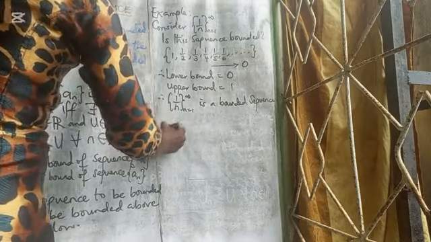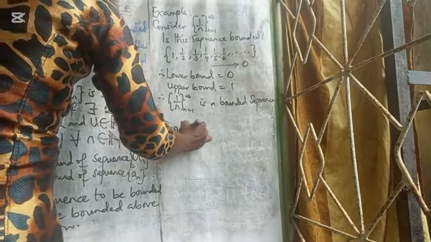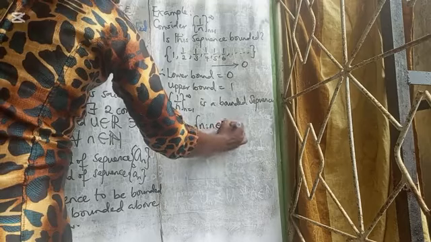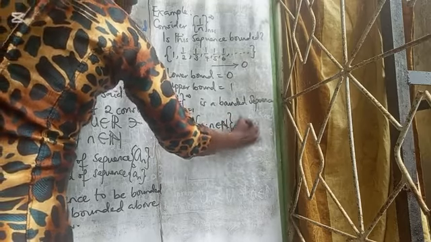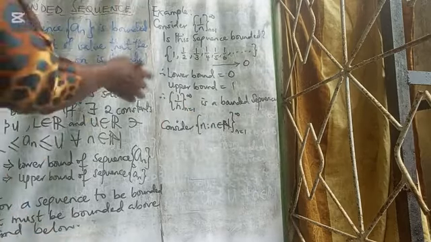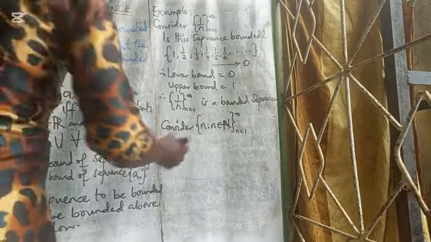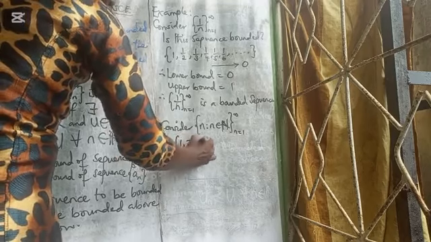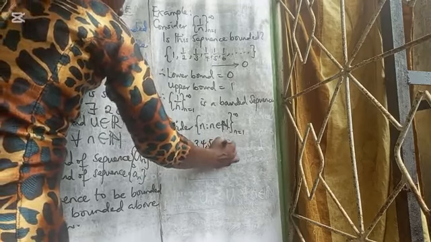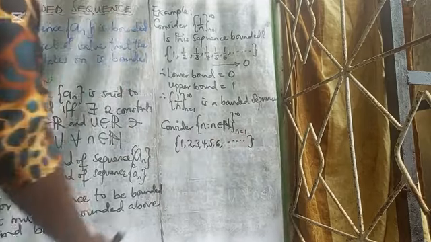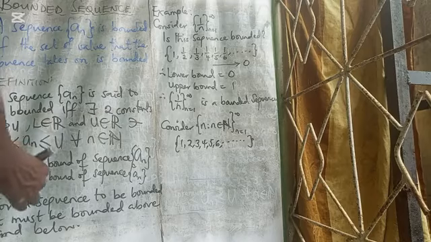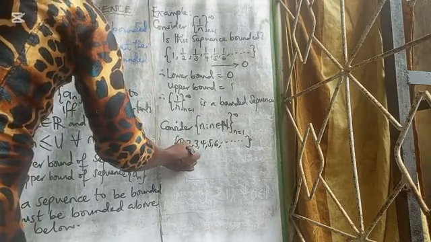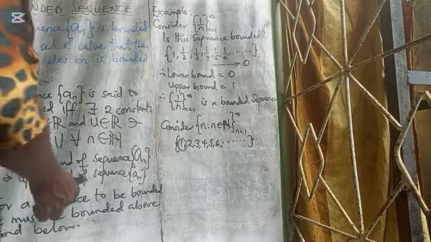We'll take another example. That will be the second one. Consider the sequence of natural numbers as n moves from 1 to infinity. What can we say about that sequence? The terms of the sequence are as follows: 1, 2, 3, 4, 5, 6, and it continues like that. It is also an infinite sequence. The lowest number in the sequence is 1. But do we have a highest number?